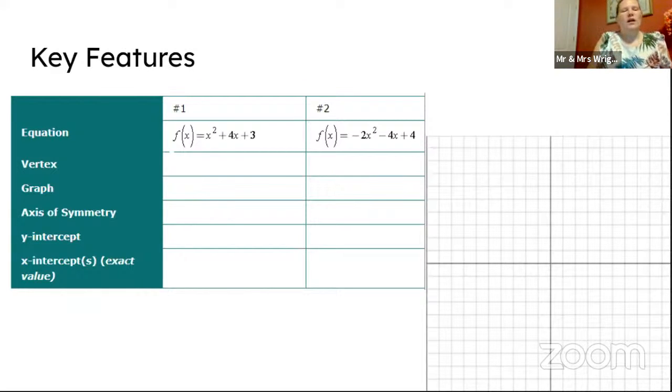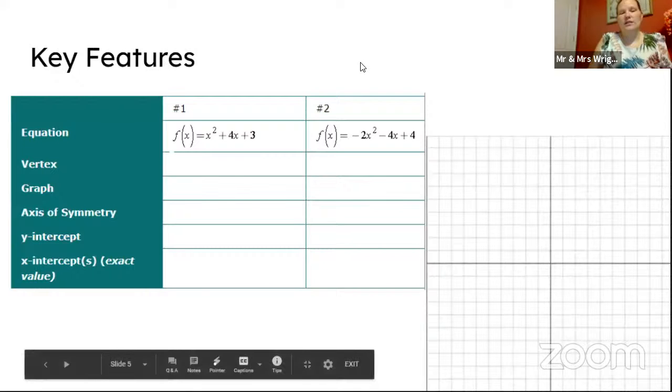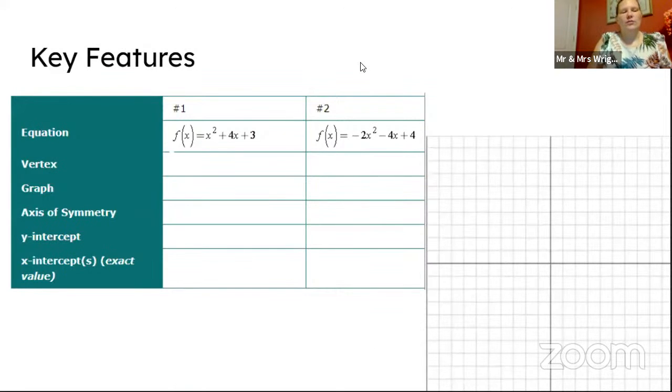So these are other key features, and in your homework, you may be given a chart that you need to fill in, and it may actually have more things on here, such as end behavior and domain and range, things like that, that we'll get to a little bit later. But right now I want to focus on these items. What is the vertex?